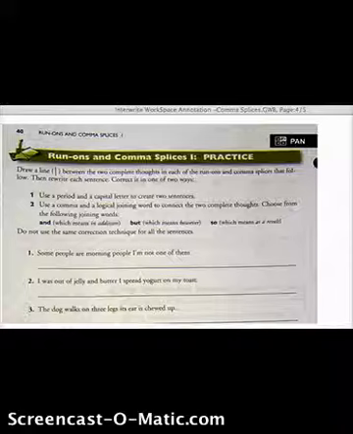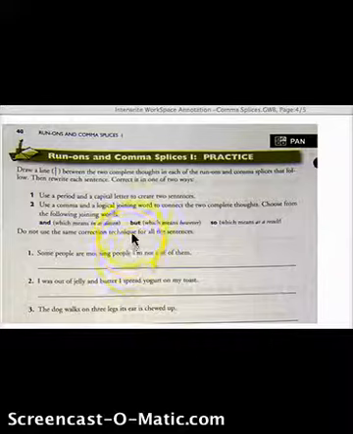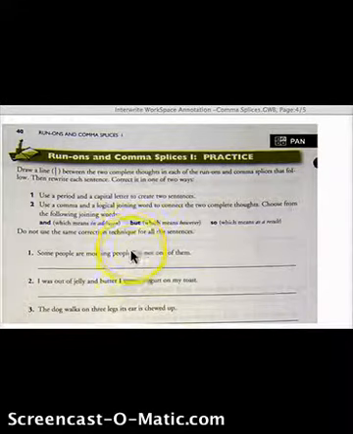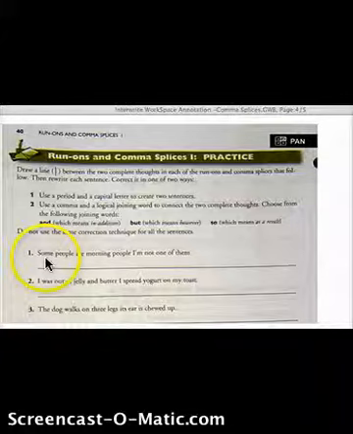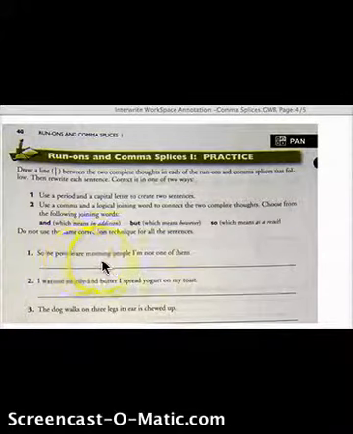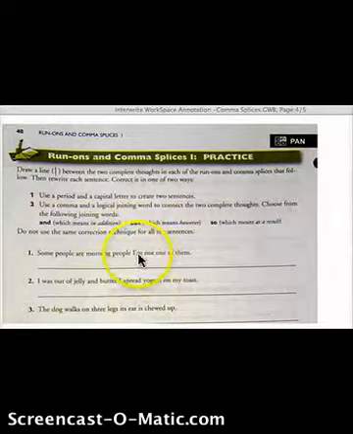Look at number 1. Some people are morning people. I'm not one of them. Where would you draw your vertical line? You should have drawn it between people and I'm. You can correct this very easily by saying some people are morning people, comma, but I'm not one of them.